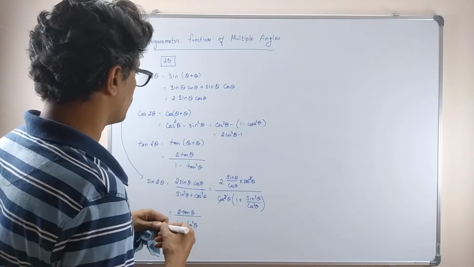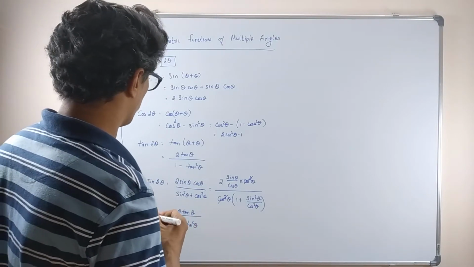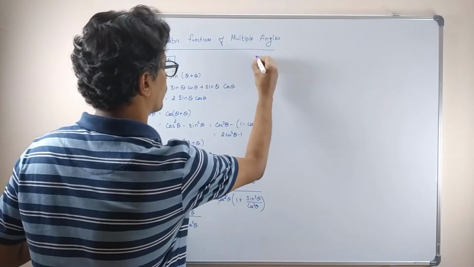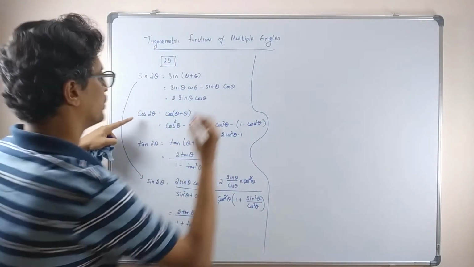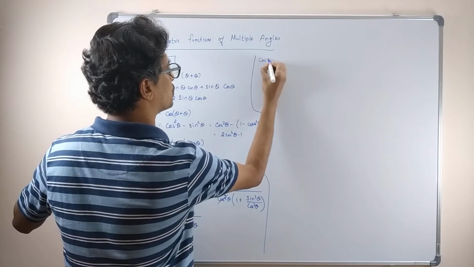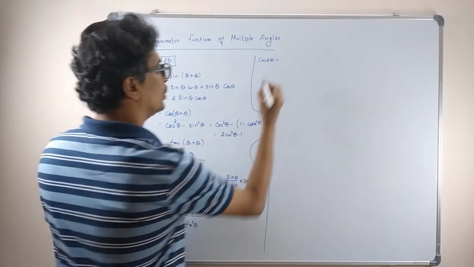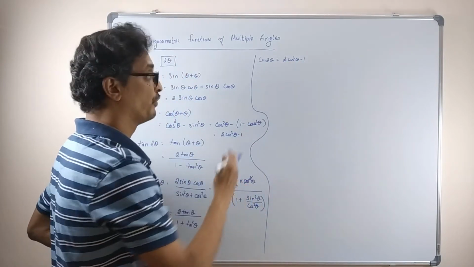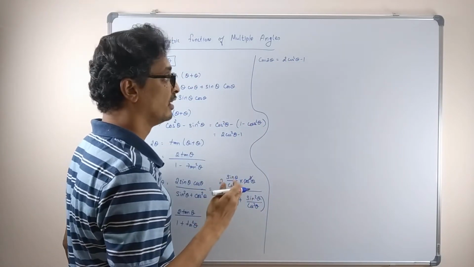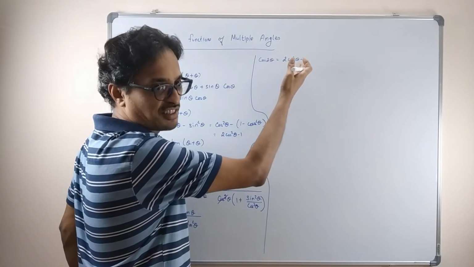So we could have done one more thing. Okay, fine. So cos 2 theta, we wrote it as 2 cos square theta minus 1. If you want to express it in sin theta, cos square theta is 1 minus sin square theta. Correct?